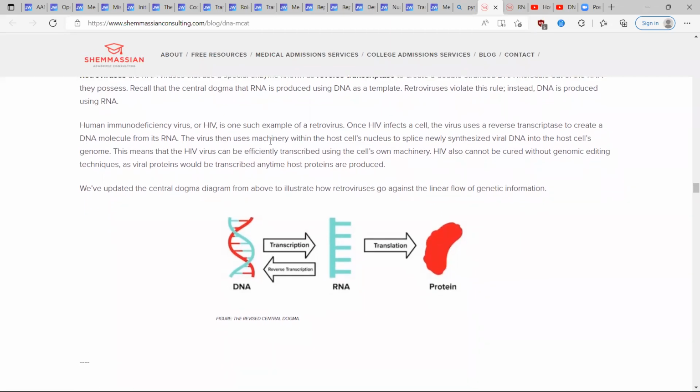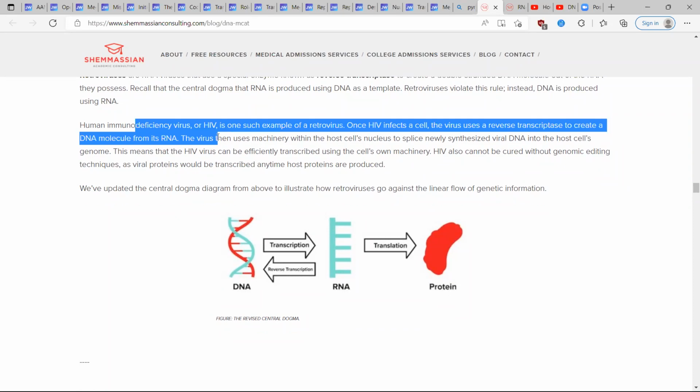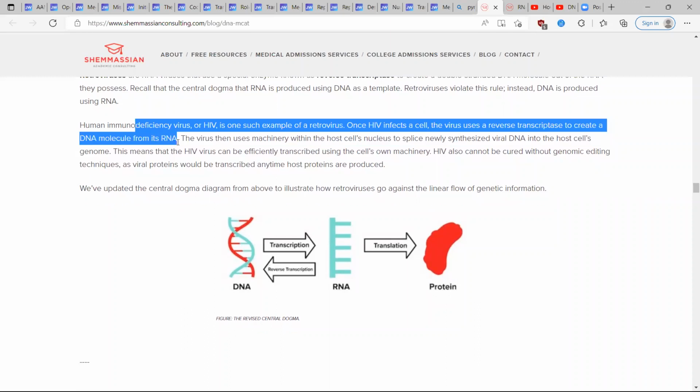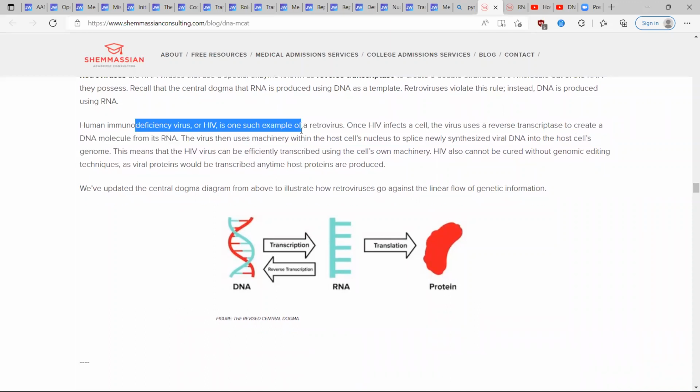So instead they produce DNA using RNA. They talk about HIV here. Once HIV infects a cell, the virus uses a reverse transcriptase to create a DNA molecule from its viral RNA. And then the virus uses machinery within the host cell's nucleus to splice newly synthesized viral DNA into the host cell genome. So it's very scary. They have figured out a way to upload bad information into your genes permanently.